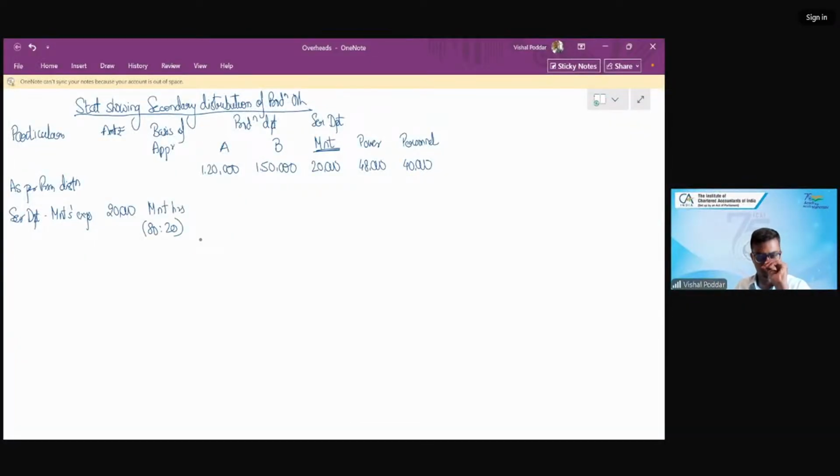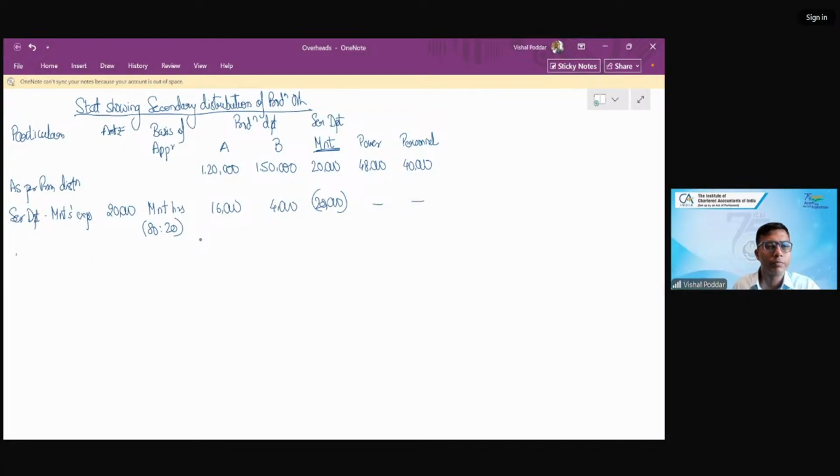That you can very well do, right? Fine. So 20,000 divided in 80-20. So 16,000 is correct. This has to be 4,000. So 20,000 is divided.